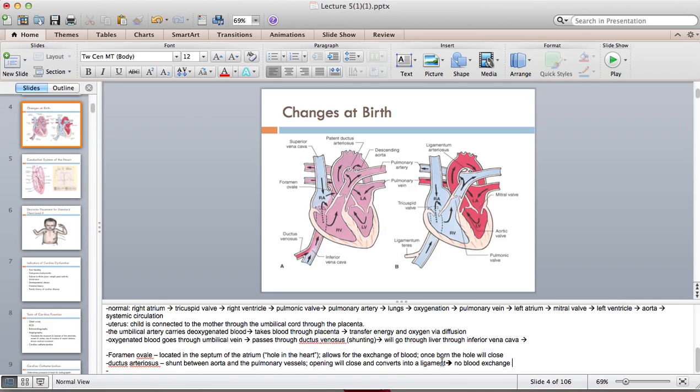And what this shunt does is that it will shunt away the blood that goes to the lung. Because remember, we said there is no blood exchange in the lung.